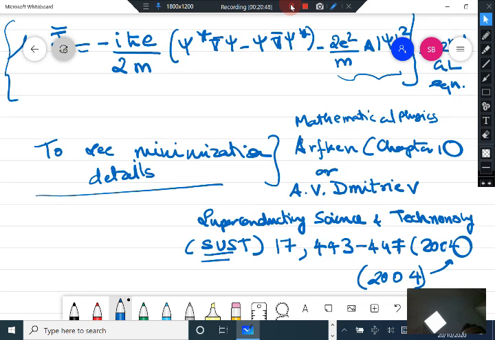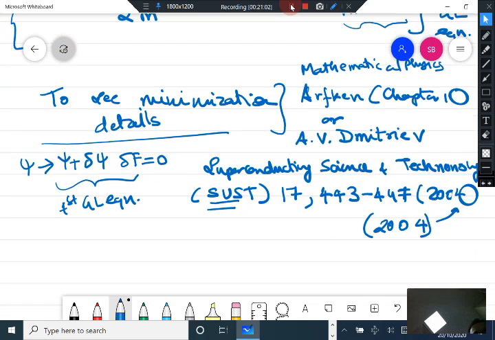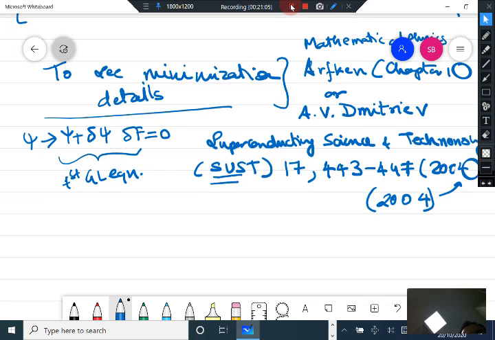If you want to see the minimization details, namely psi going to psi plus delta psi, and that the free energy variation should be 0, this leads to the first GL equation, from the integral form that I had shown you. And the second minimization, A going to A plus delta A, and your delta F becomes equal to 0.